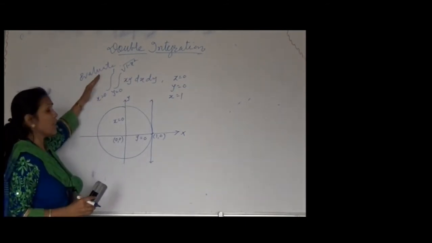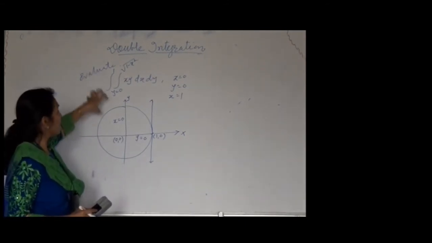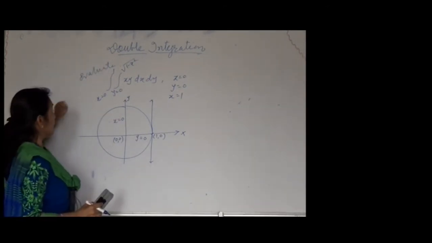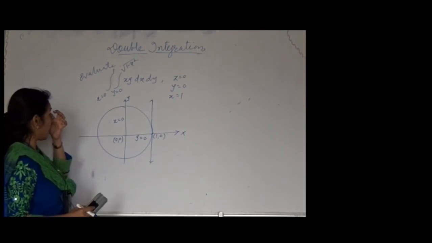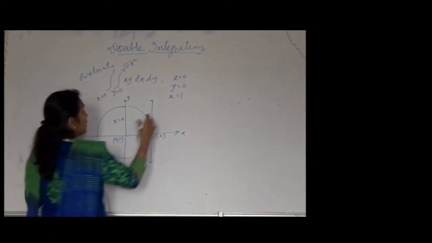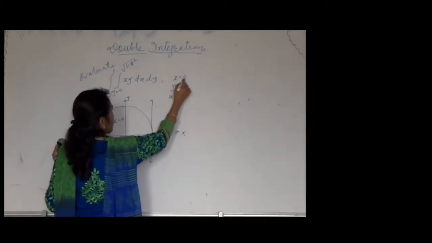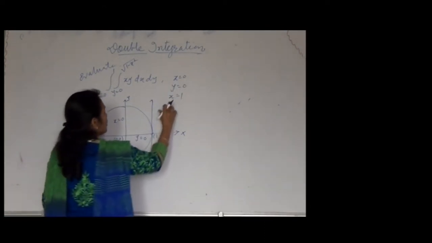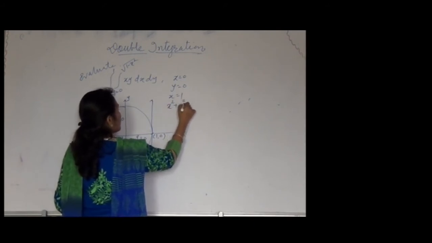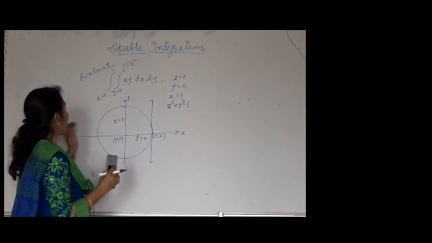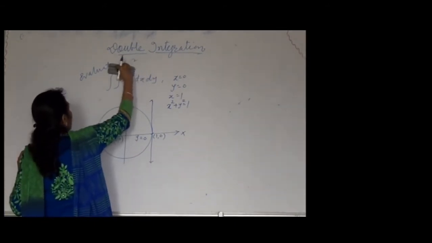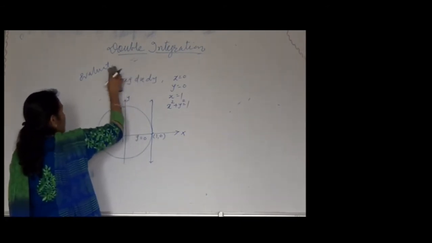Limits are given like this, but suppose now I am drawing the figure and then finding the limits. So there are two types of examples: where limits are given like this, or where it is given over the region x equals 0, y equals 0, x equals 1, and the circle x squared plus y squared equals 1. Now I am taking the first type, where we only evaluate the integral over the given region.